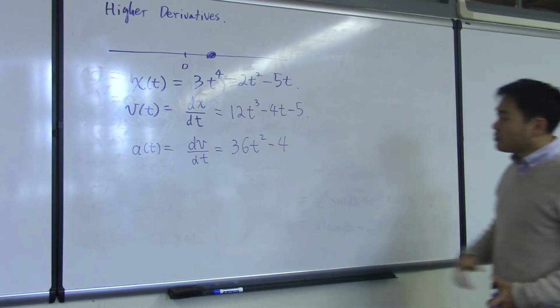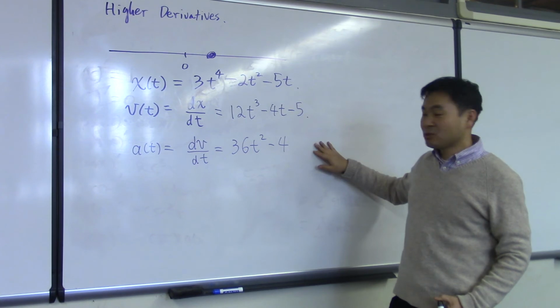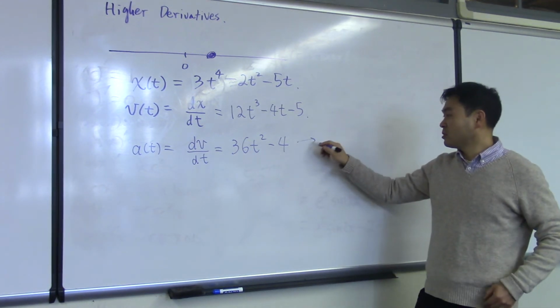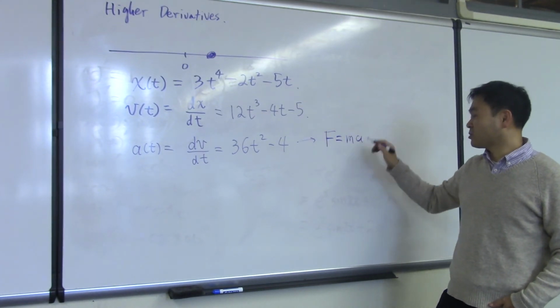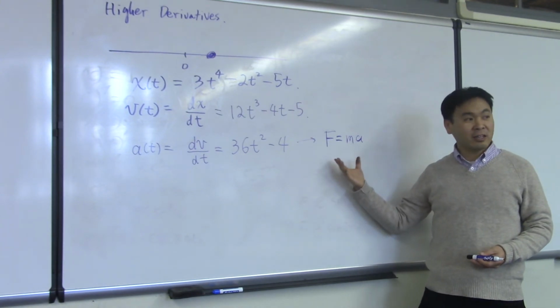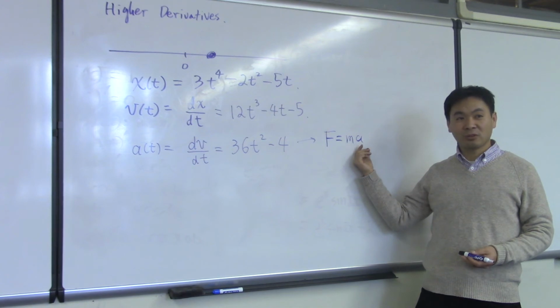Now, if you look at what the physics recommended us to do, eventually this acceleration becomes very important. Why? Because Newton said force is equal to mass times acceleration. So Newton's classical mechanics showed us that acceleration is a very important thing.